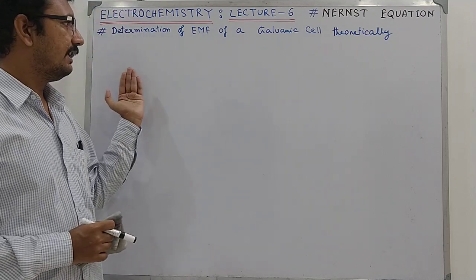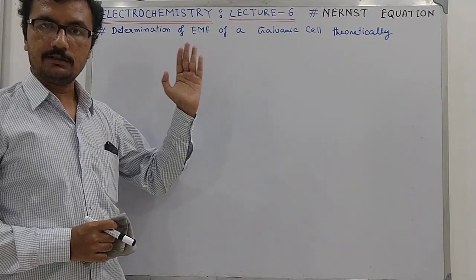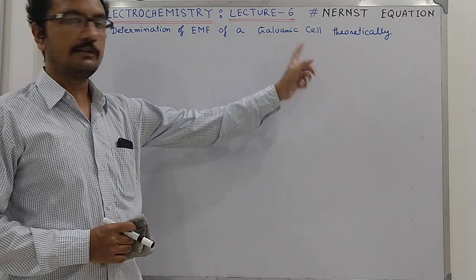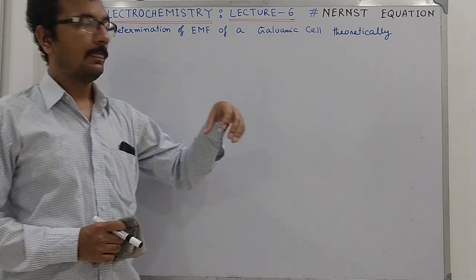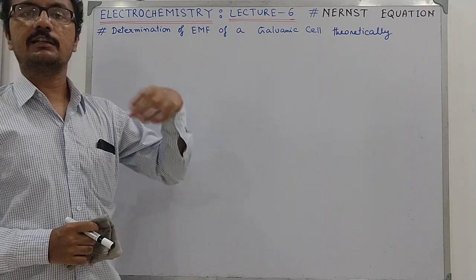Now this chemical energy is giving you the electrical energy in a galvanic cell, but in what form is this chemical energy coming?